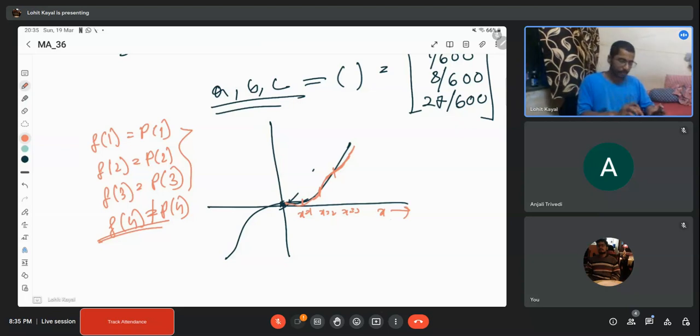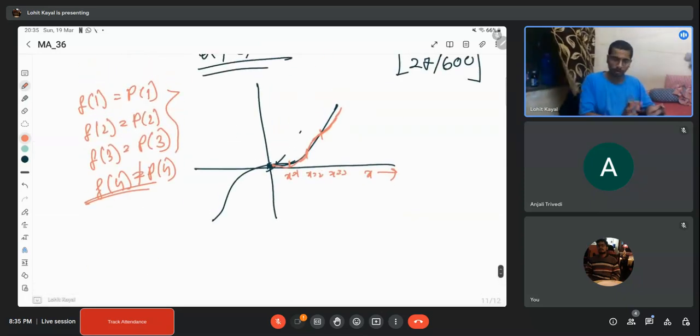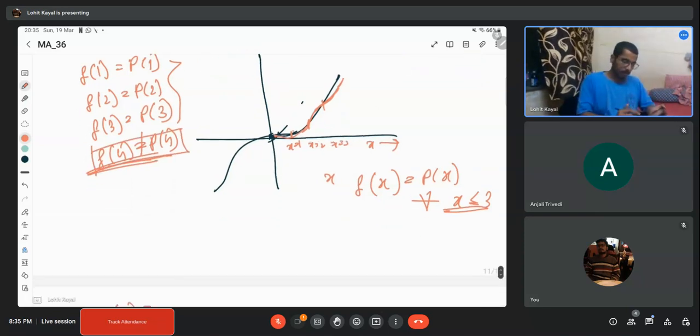Similar thing happens in case of the exponential function, exp of x. We are not sure that f of x equal to p of x for all x less than or equal to 3. But as the value of x increases, they do not agree with each other.